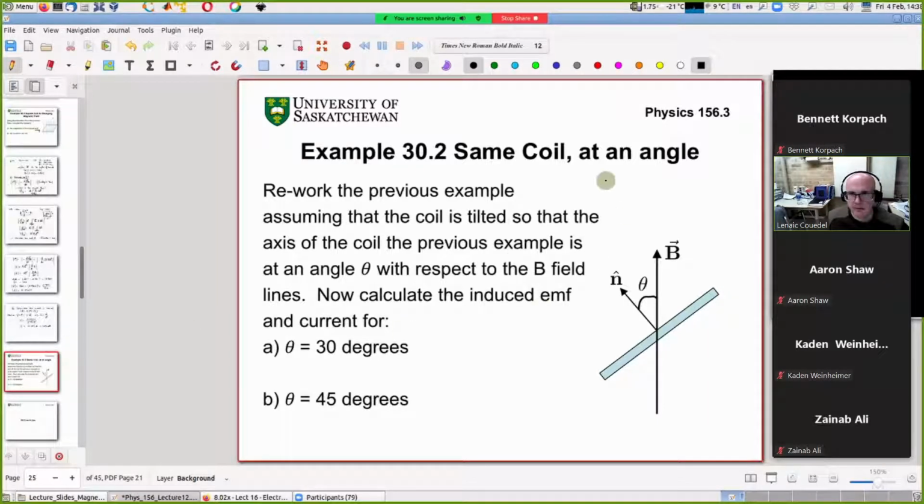For theta equal 0 degrees, I got epsilon equal to 0.656 volt and I equal to 105 milliamps. So what do I need to do to get the result for theta equals 30 degrees and theta equals 45 degrees?